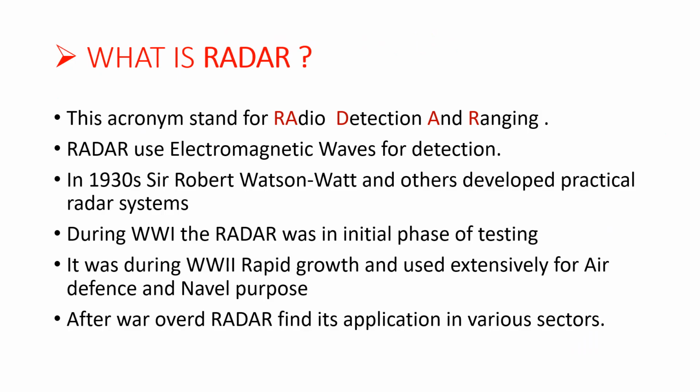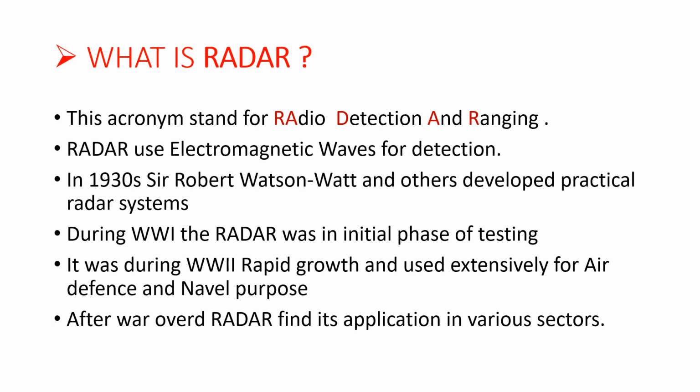So what is radar? The radar acronym stands for radio detection and ranging. It uses electromagnetic waves for detection. In the early 1930s, Sir Robert Watson-Watt and others developed the practical model for radar systems. During World War One, radar was in the initial phase of testing.